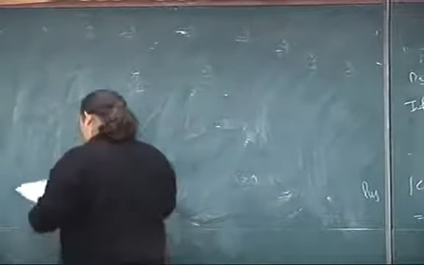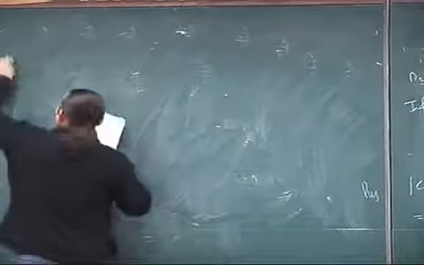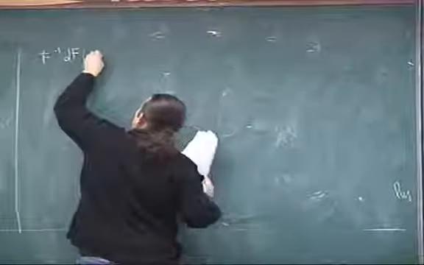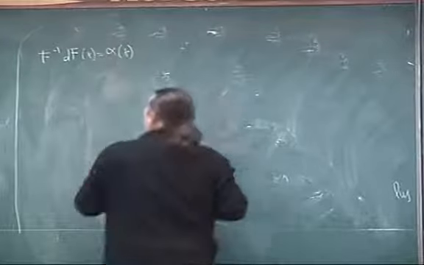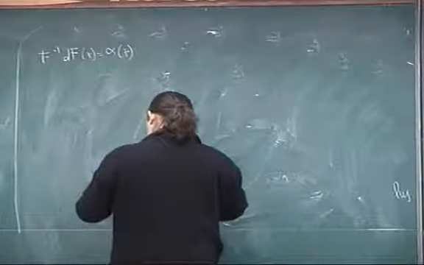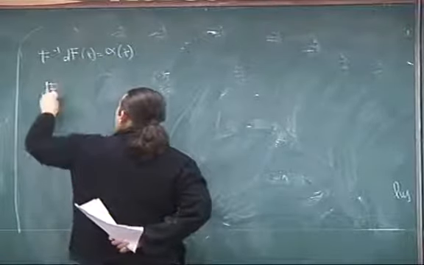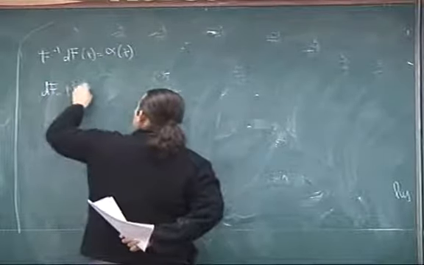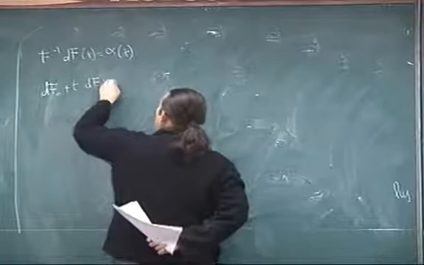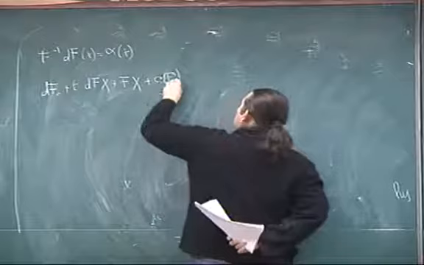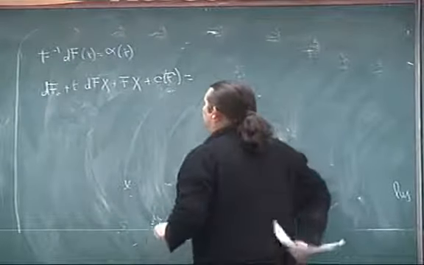Alpha. F minus 1 dft is alpha t. And I can see that df, then dft is df0 plus t df prime plus f prime t square, and it is ft alpha.